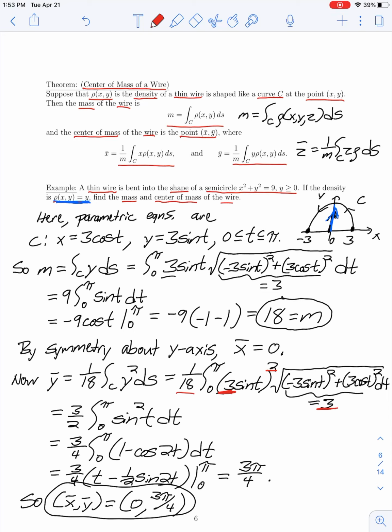If we were to plot this point in the xy plane, we have some point where x is 0, y is 3 pi over 4. So some point that lies here along our y-axis inside of that arc of our curve. So it seems like this is reasonable, that that would be the center of mass for that wire.